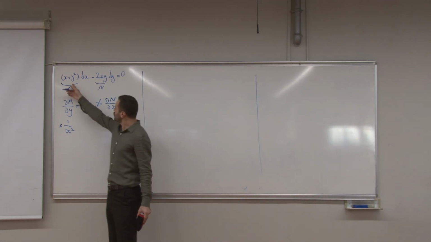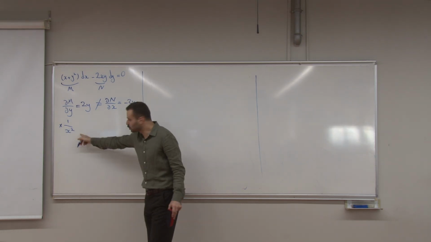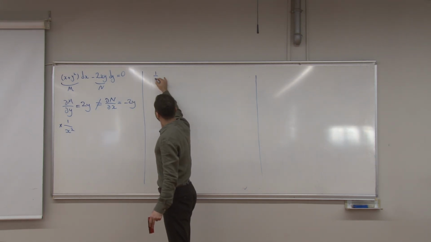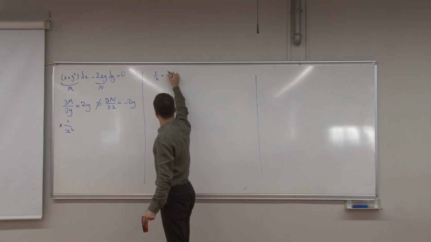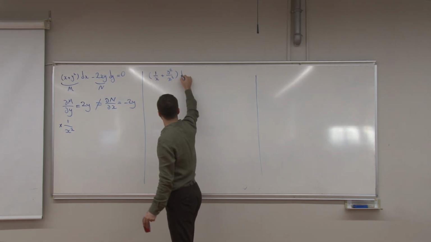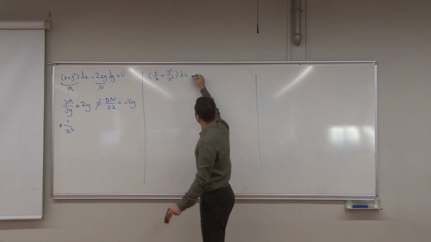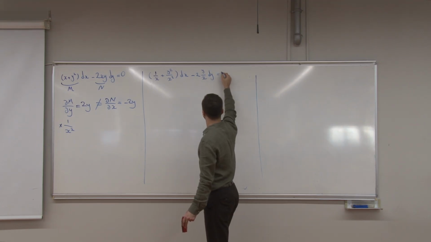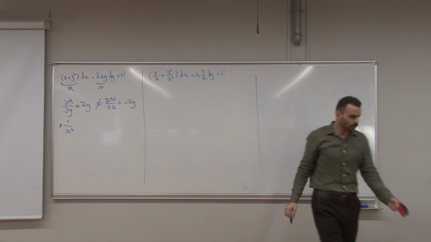Can you please multiply this equation with 1 over x to the power of 2? This is going to become 1 over x plus y squared over x squared dx minus 2 times y divided by x dy equal to 0. Is it right?